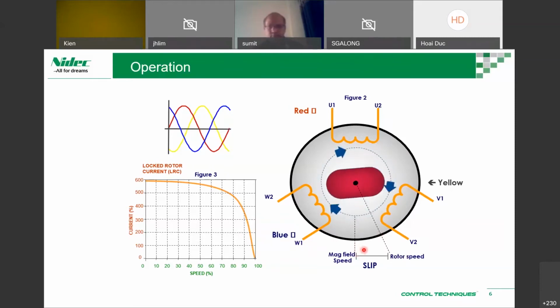There will always be a slip, a difference between the magnetic field speed and the rotor speed. So this would be called asynchronous because it's not a synchronous motor.